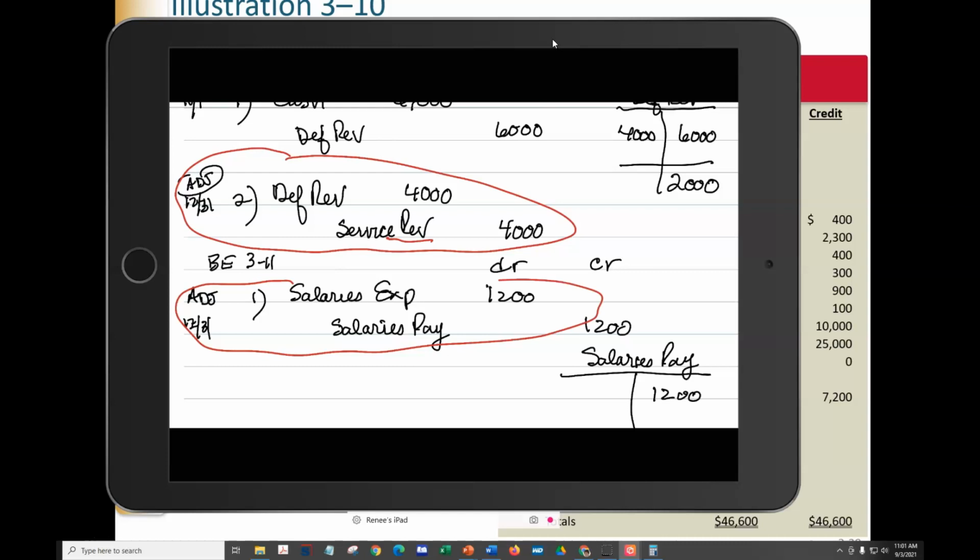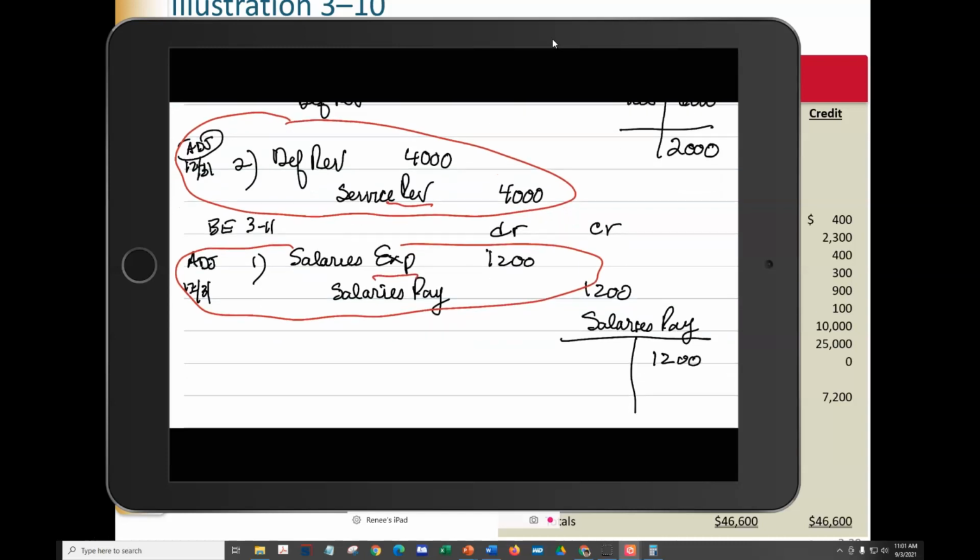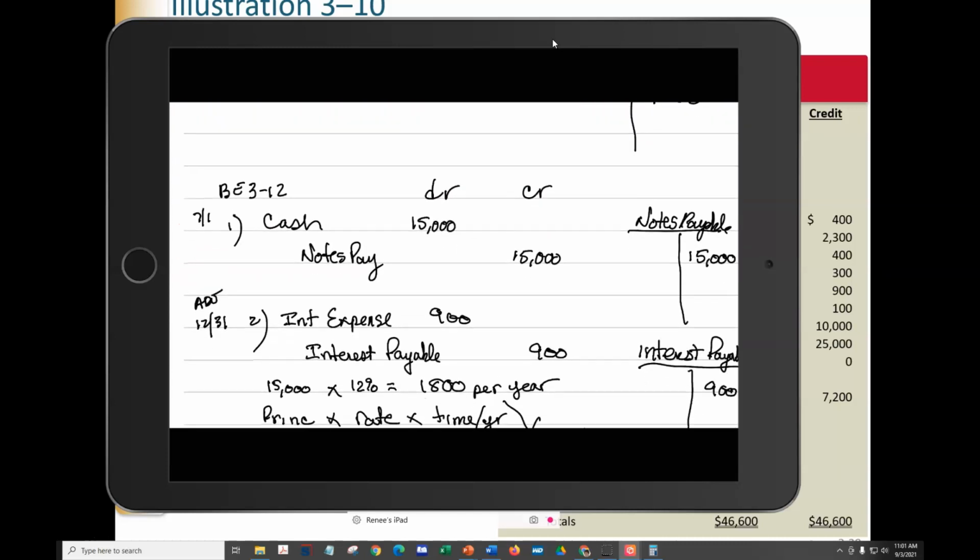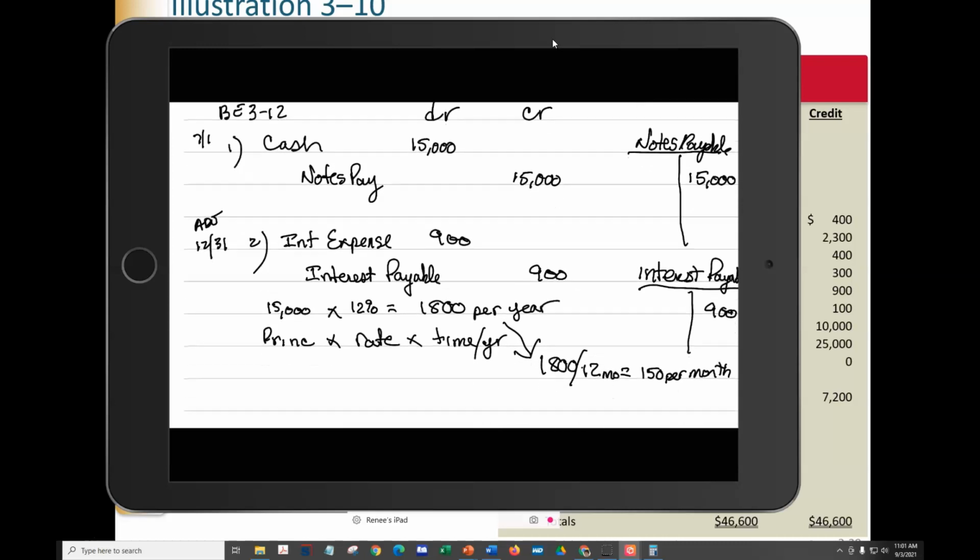Adjusting entry, debit expense. So here's the thing: every single adjusting entry will include either a debit to an expense or a credit to a revenue.